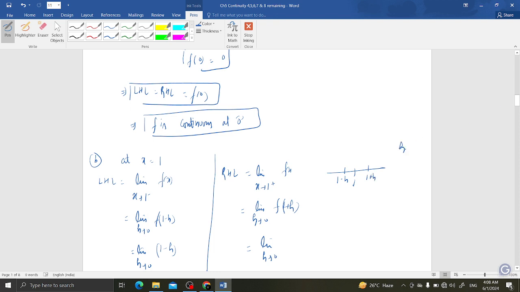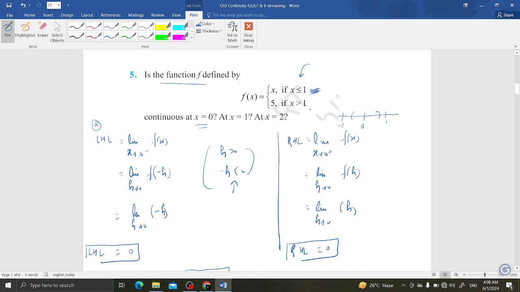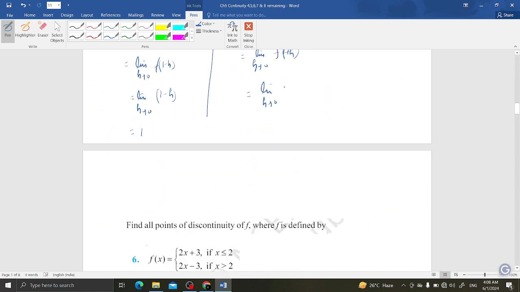Why so? Because h is a very, very small positive quantity with respect to 1. So by the second piece we can find the value of f of 1 plus h, that is exactly 5. There is no h value, hence it will be 5. So this is your LHL, that is 1, and this is your RHL, that is 5.